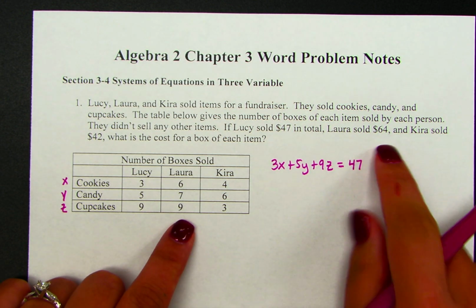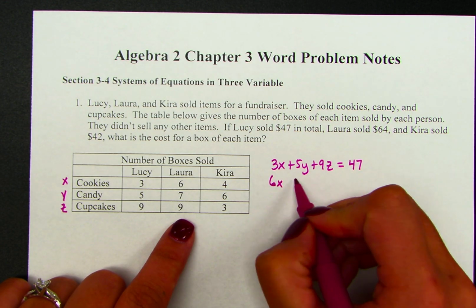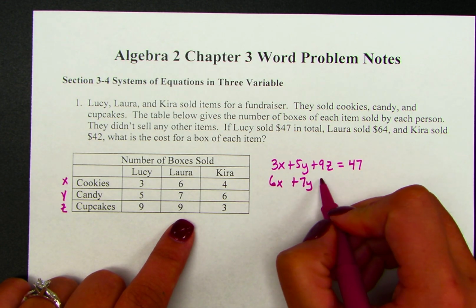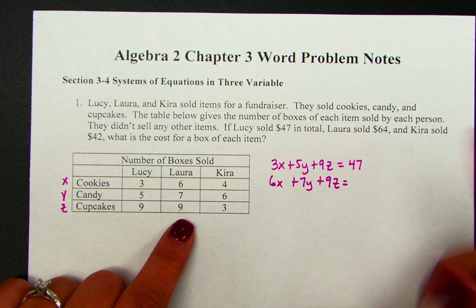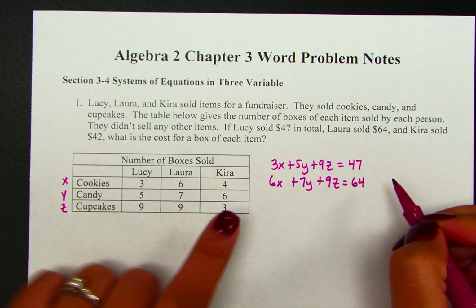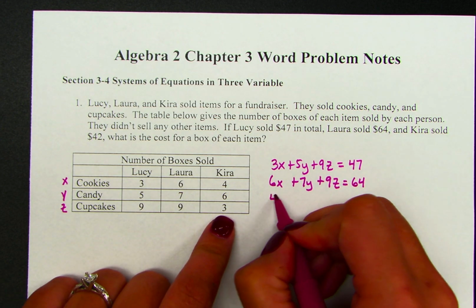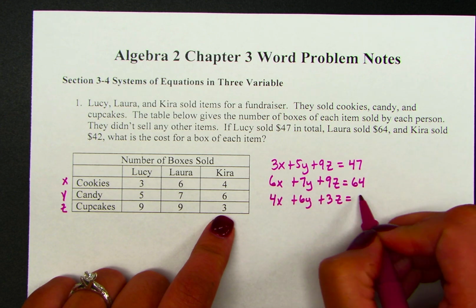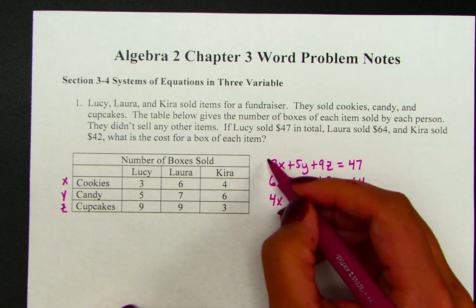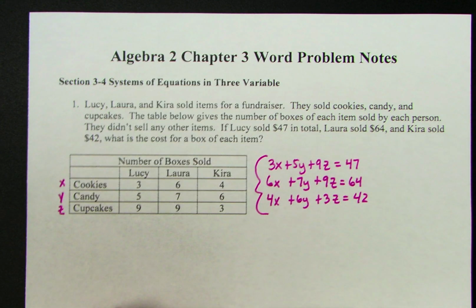Then on to Laura, so 6X plus 7Y plus 9Z equals Laura's total of 64. And then Kira is going to be 4X plus 6Y plus 3Z equals 42. So this is the system that we need to set up and solve.